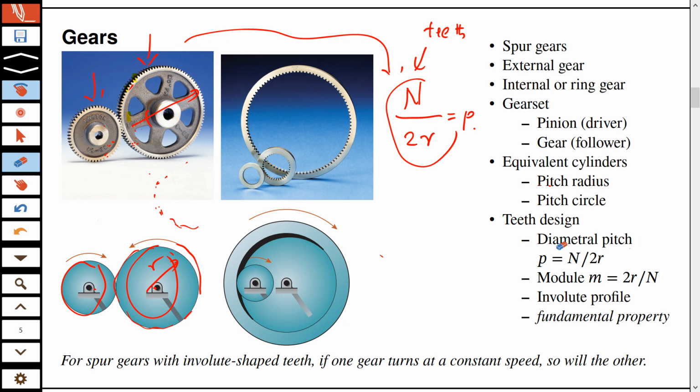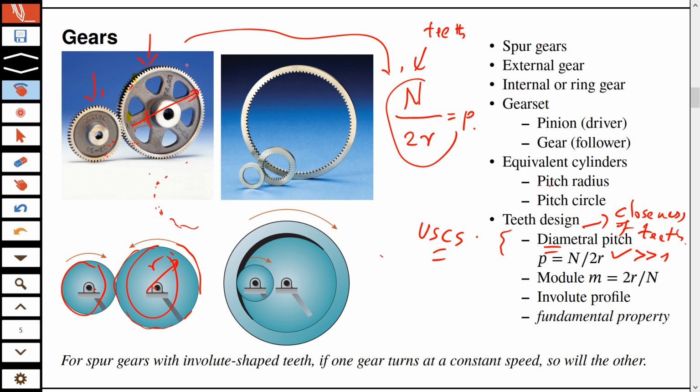When you are using the US customary system of units, you use this quantity, and it tells you the closeness of the teeth. If this number is very large, you have more teeth for a particular diameter.